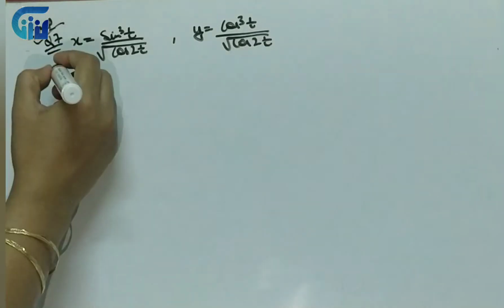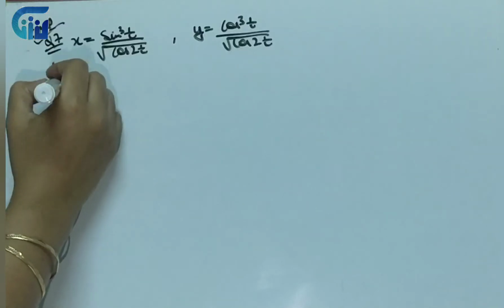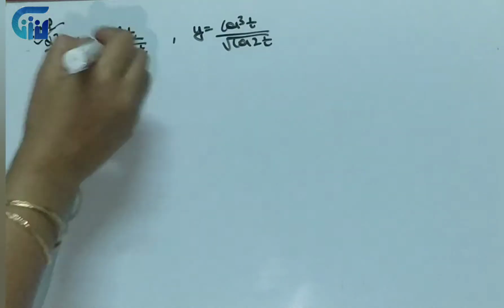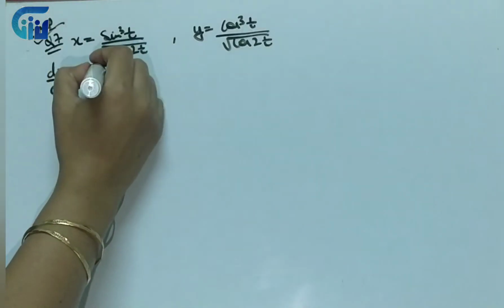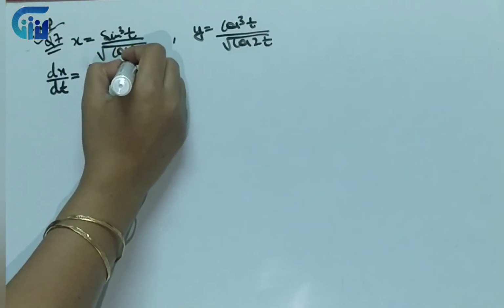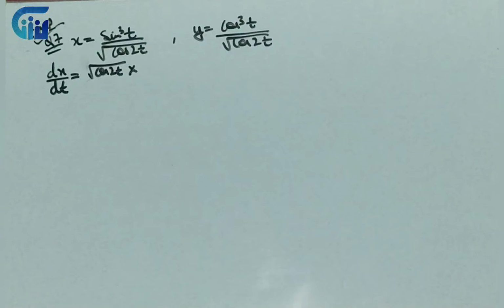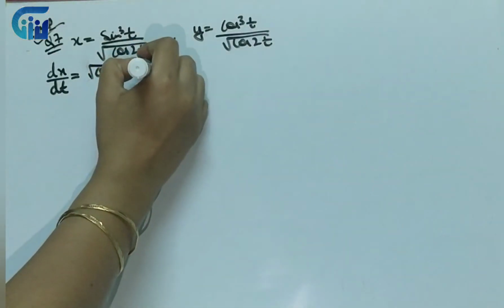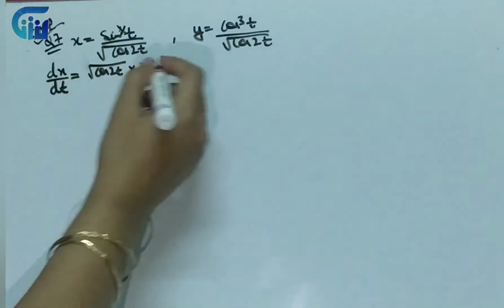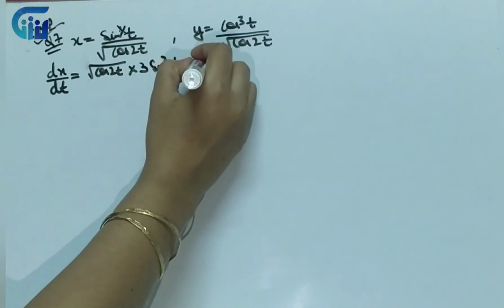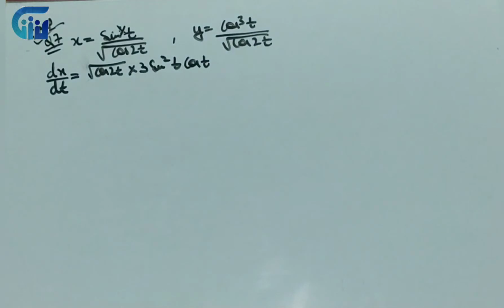So we will write dx by dt with respect to t. Since it is in division, we will apply the quotient rule. By the quotient rule, the denominator as it is, times the derivative of the numerator. The numerator is sine cube t. When we differentiate sine cube t, by chain rule: power, function, angle. So 3 sine square t, the derivative of sine is cos, and the derivative of t is 1.